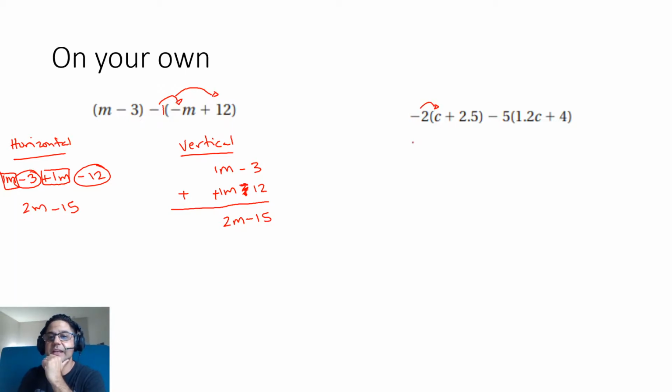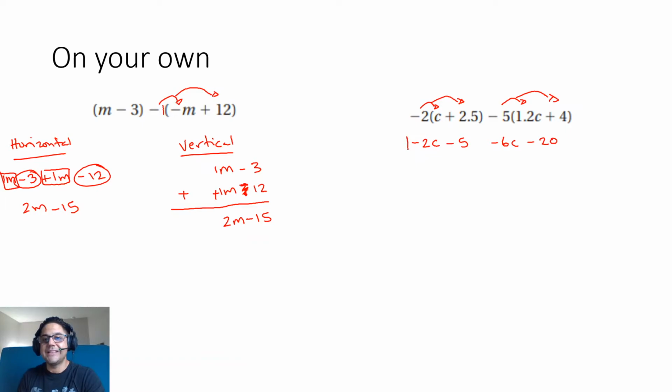Negative 2 times c is negative 2c. Negative 2 multiplied by positive 2.5, well, that's going to be negative 5. Negative 5 multiplied by 1.2c, that is going to be negative 6c. And negative 5 multiplied by positive 4 is negative 20.